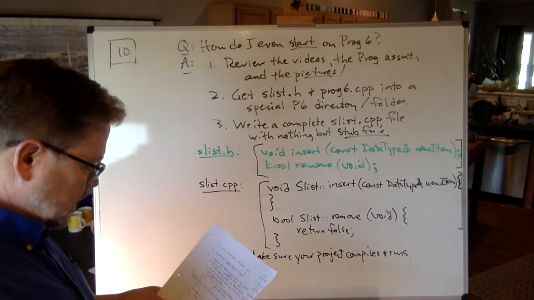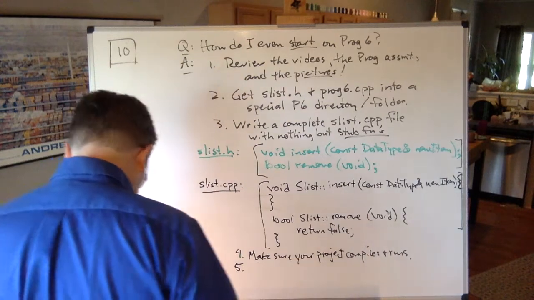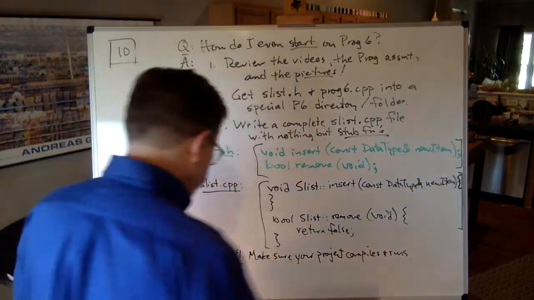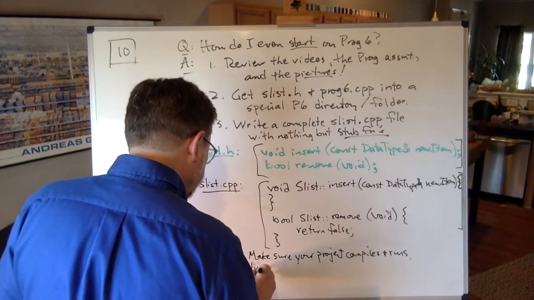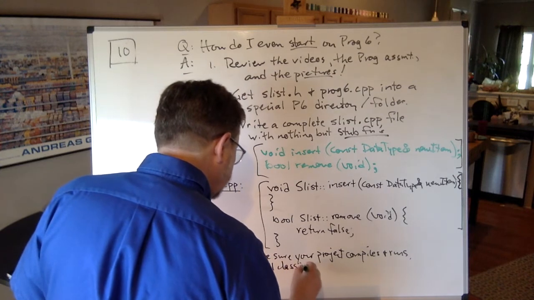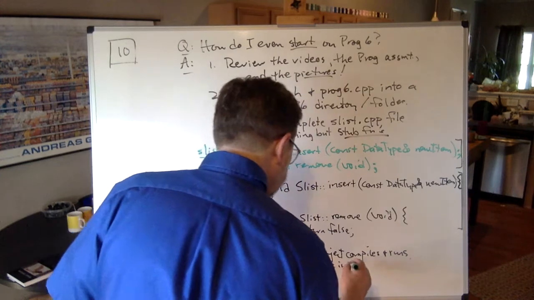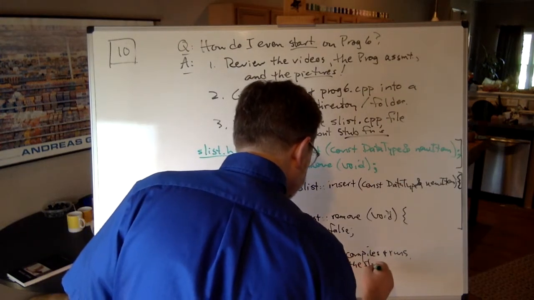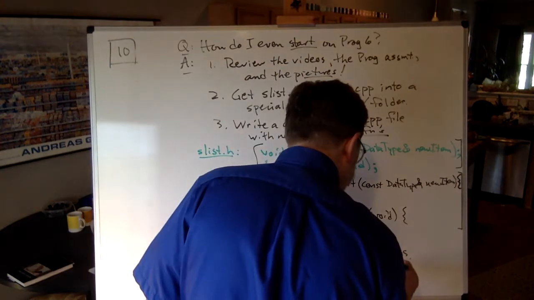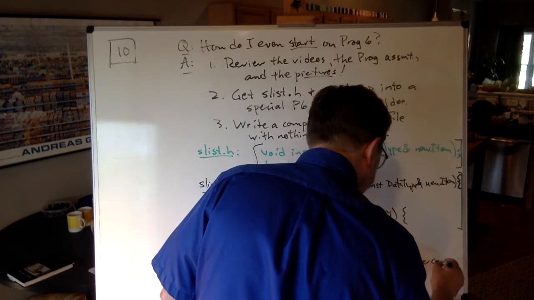And, well, you know what? I slipped in a step in here. 5. I'm compelled by my nature to put 5 up here. List all class invariants in the slist.cpp header comments.